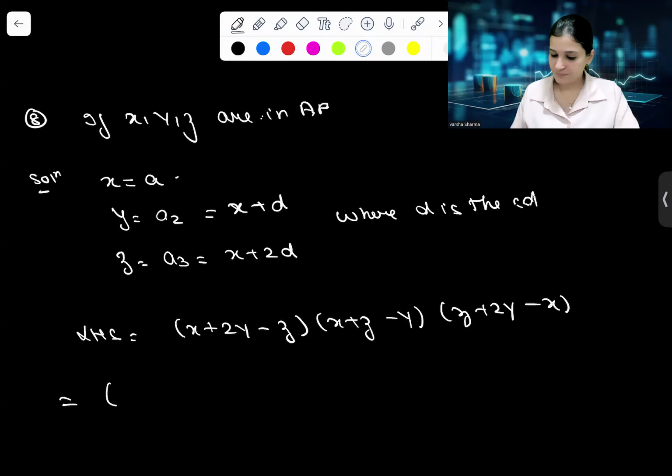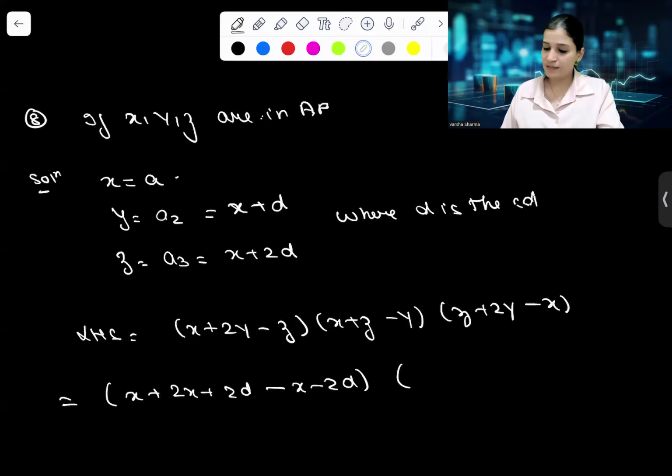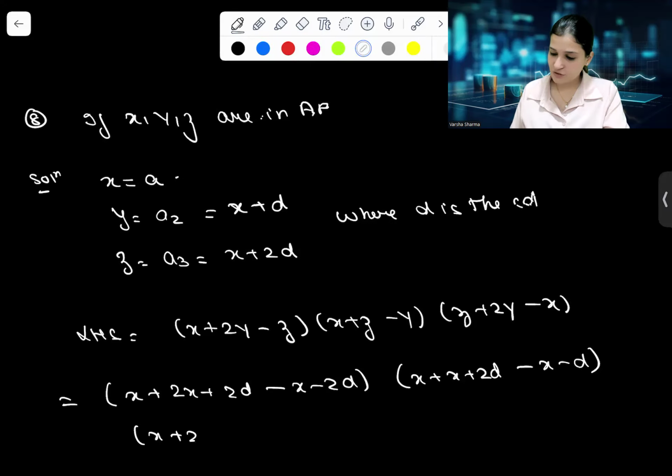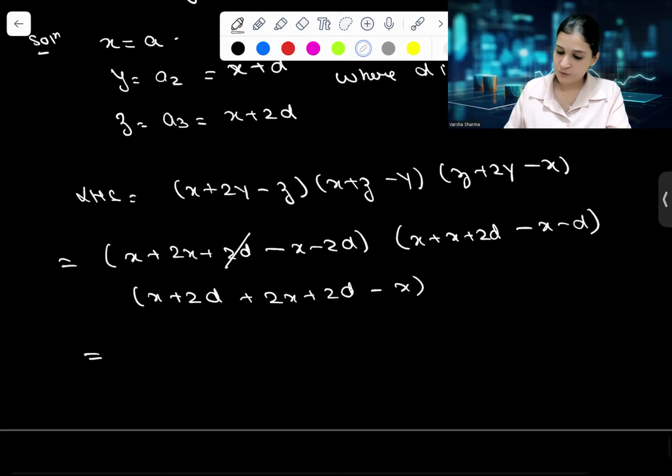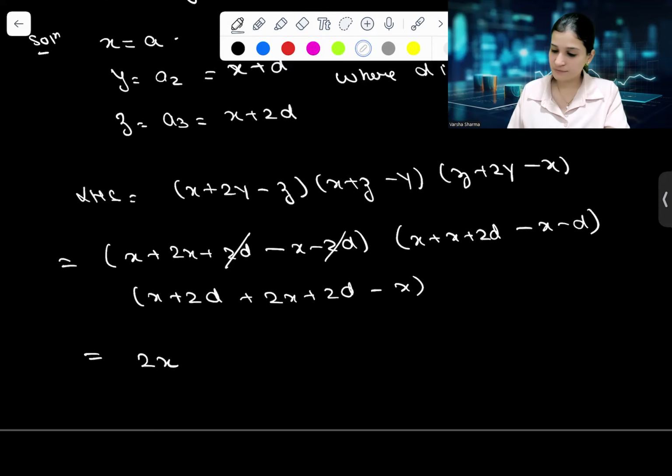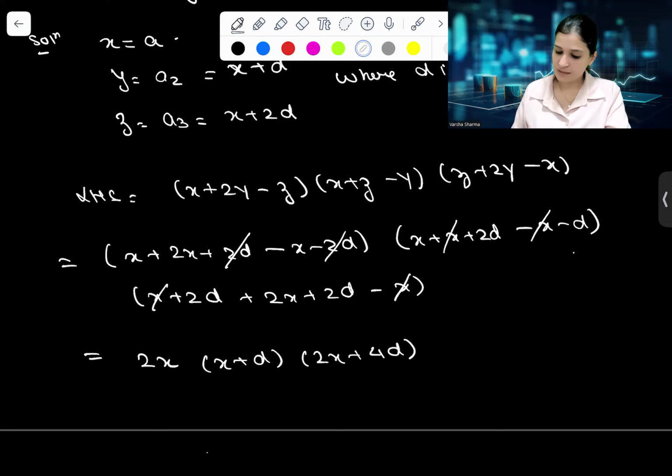Put the values here. X, 2y will be 2x plus 2d, minus z, which is x plus 2d. Then x plus z minus y: z is x plus 2d, y is x plus d. Then z plus 2y minus x: x plus 2d, 2y is 2x plus 2d, minus x. Multiply. 2d gets cancelled, so 2x, x plus d, 2x plus 4d.